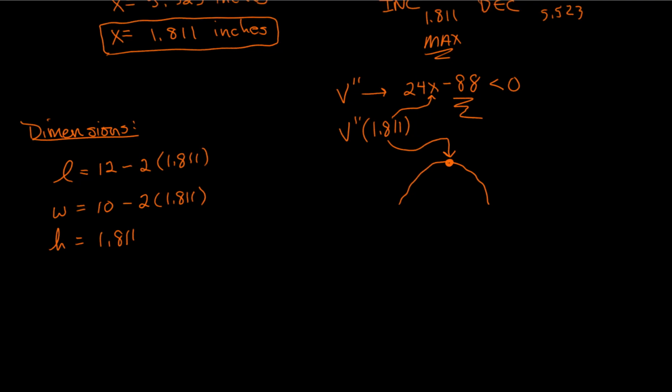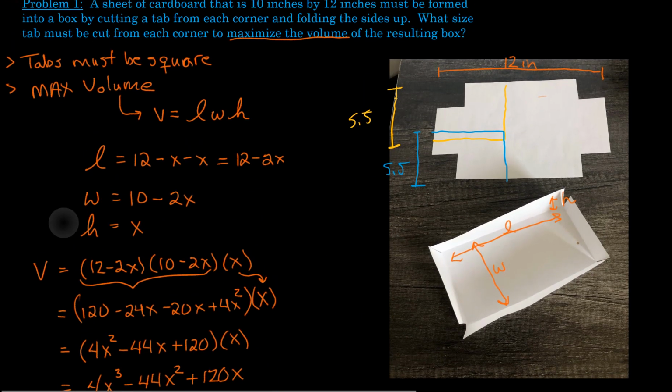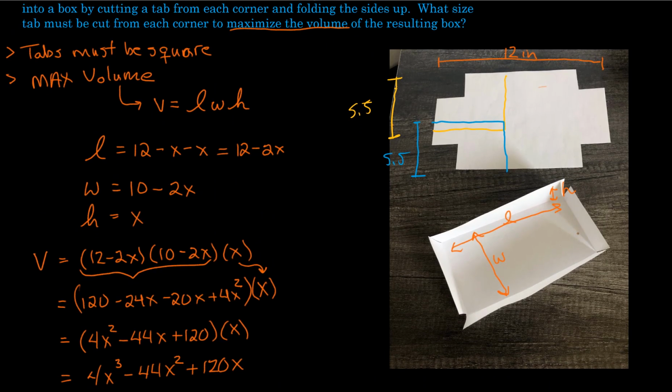Now, I'm going past just answering the basic question. Notice at the very top of the screen, the question is, what size tab must be cut from each corner to maximize the volume? Well, you could go back to your supervisor and say, cut a tab that's 1.811 inches and walk off. That's probably going to leave them with a few questions in mind.